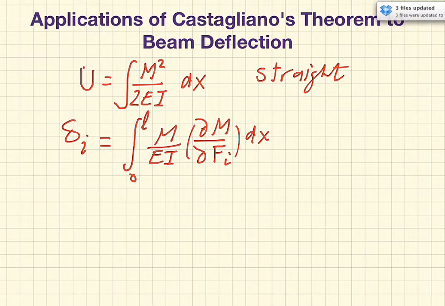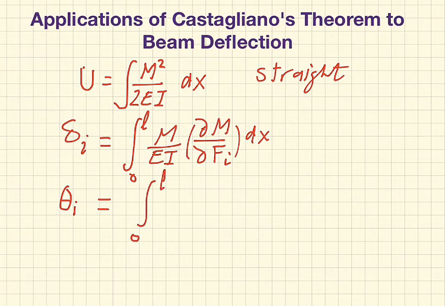And if we would like to find the deflection under, or the rotation associated with, a concentrated moment M sub i, it would be the same argument that we did, but we now take the derivative with respect to the particular moment that we are interested in.